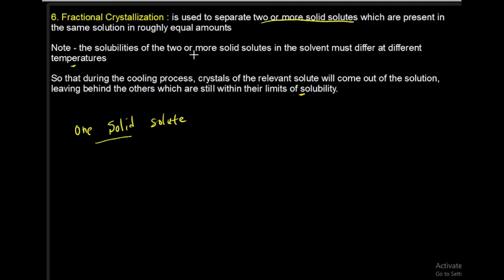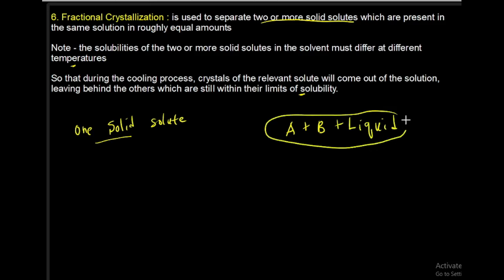Let's say we have substance A and substance B, and then we have our liquid or solvent. This is a mixture, for instance. As we cool down this mixture, let's say we are cooling it from a temperature of 95 degrees Celsius.